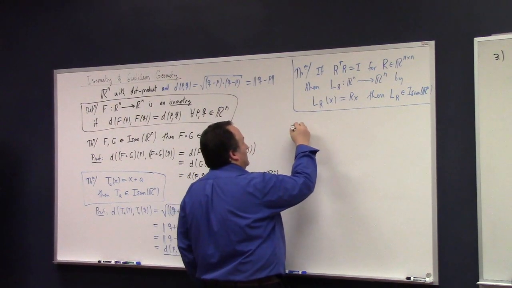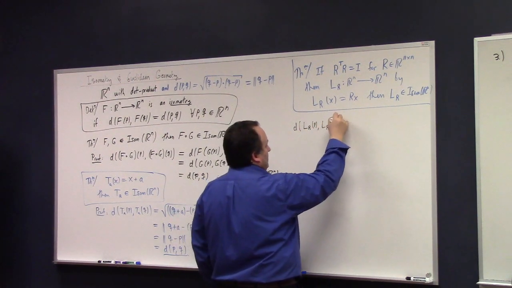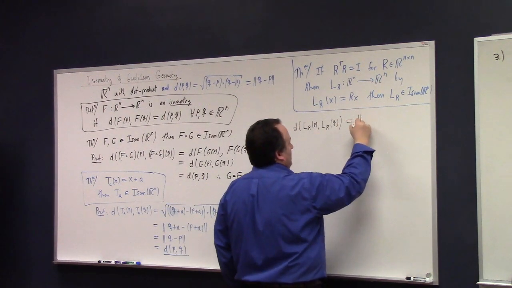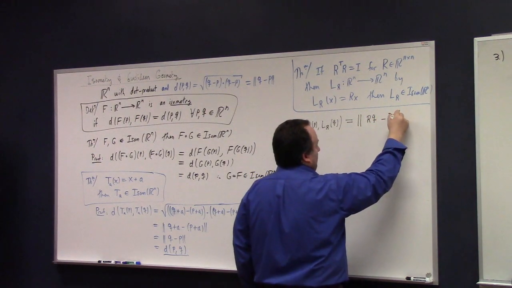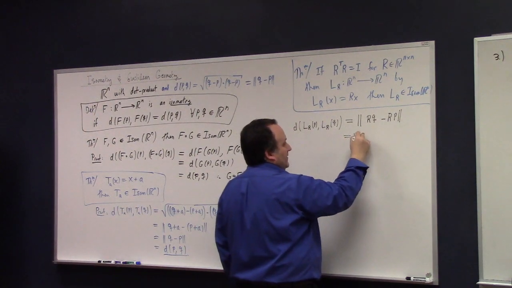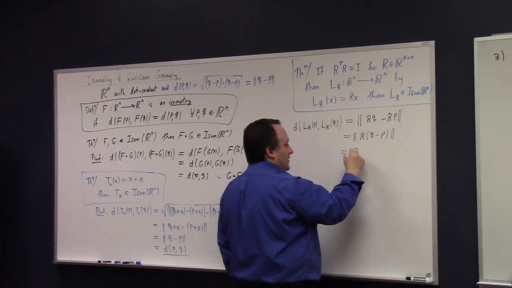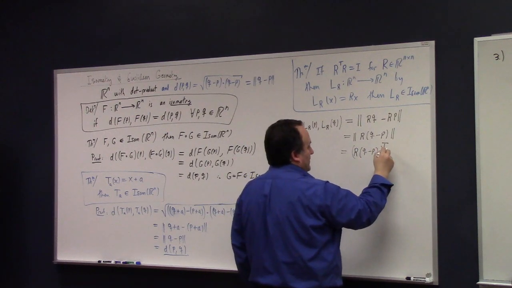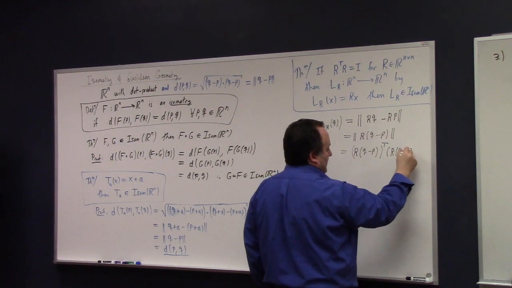Well, here we go. What's the distance of L sub R of P to L sub R of Q? That is going to be the norm of RQ minus RP, which is the norm of R times (Q minus P), which is the square root of (R(Q minus P)) transpose times R(Q minus P).